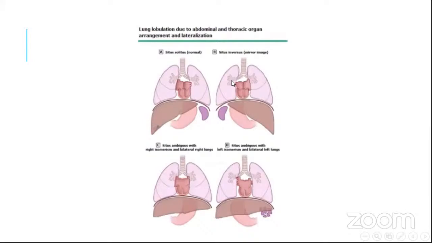So the right lung will be bilobed and the left lung trilobed, with the reverse of the abdominal organs. In visceral heterotaxy, there is the spleen on the right side and the liver symmetrical to the left side, with the situs ambiguous with right isomerism and bilateral right lungs, and the other situs ambiguous with left isomerism and bilateral left lungs.